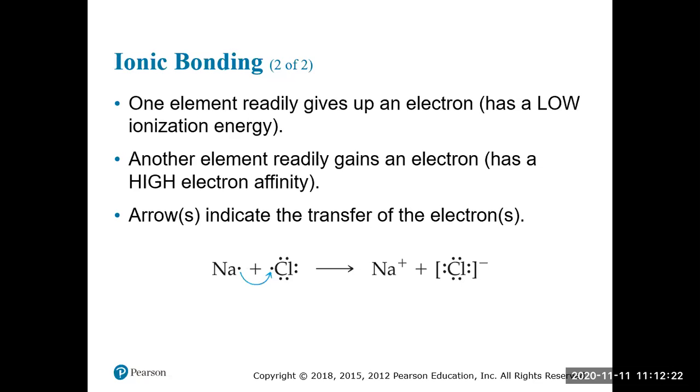We draw that with those 8 dots, and then we put parentheses around the chlorine, and a minus as a superscript to indicate that it's picked up an electron. The sodium doesn't have any more dots around it because all the valence electrons are gone. The 1 valence electron it had has been donated over to the chlorine. So that has a positive charge to indicate that it's lost an electron.